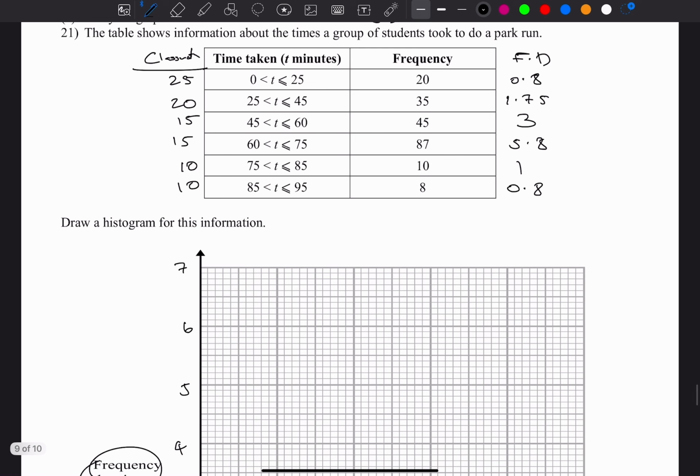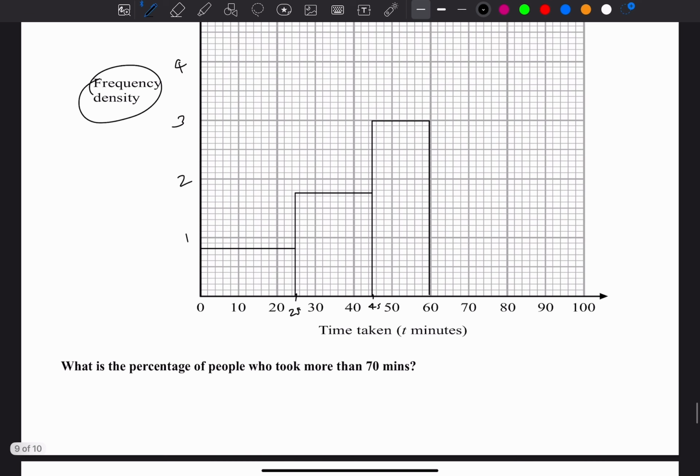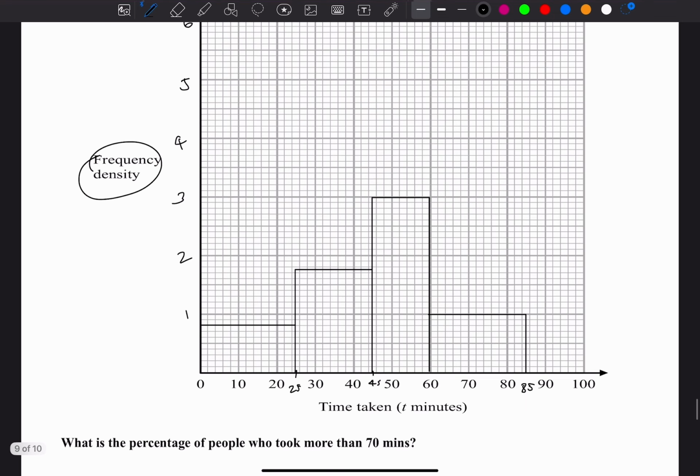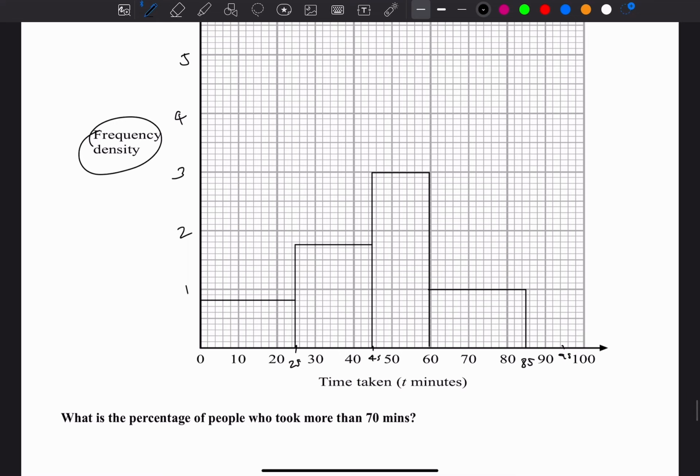Next one, 60 to 85 is 1. That's 85. 85 to 95 is 0.8. 95 is here. There you go. That's it.